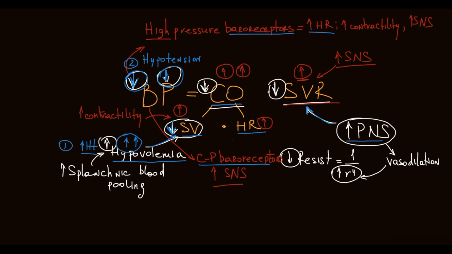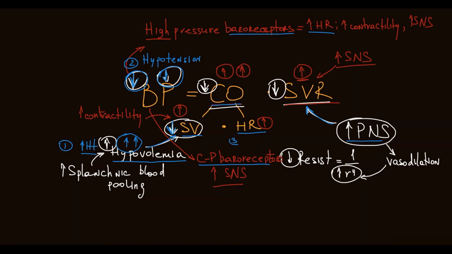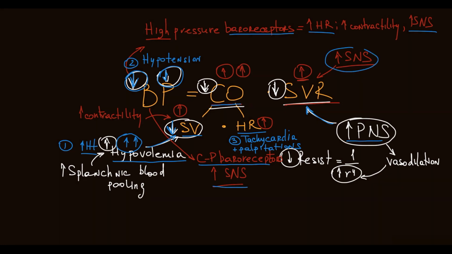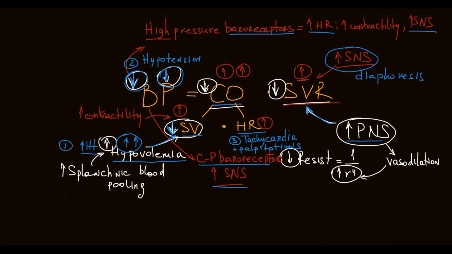And this causes other dumping symptoms. First of all is tachycardia, which is also a diagnostic criteria for early dumping syndrome, and it also causes palpitations. In addition to this, high pressure as well as low pressure baroreceptors induce overstimulation of the sympathetic nervous system, and the overstimulated sympathetic nervous system causes diaphoresis, which is excessive sweating, because recall that sweat glands are innervated by the sympathetic nervous system.